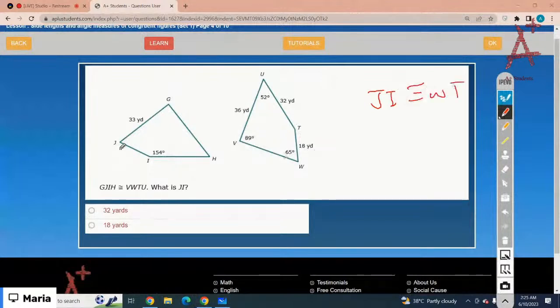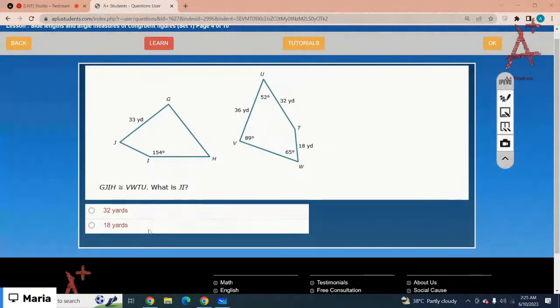So it would be 18. Got it? You can see the order from here. GJIH, then VWTU. So WT here is 18. That means JI is also 18. Got it? So it would be 18.